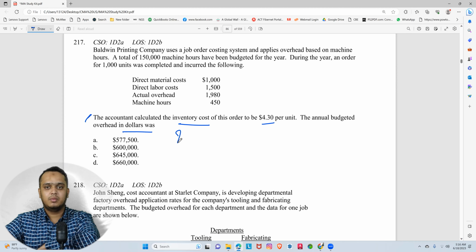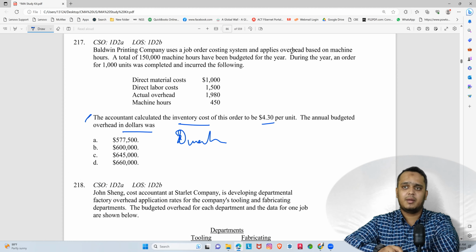Baldwin Printing Company uses a job order costing system and applies overhead based on machine hours. A total of 150,000 machine hours have been budgeted for the year. During the year, an order of 1,000 units was completed and incurred the following.